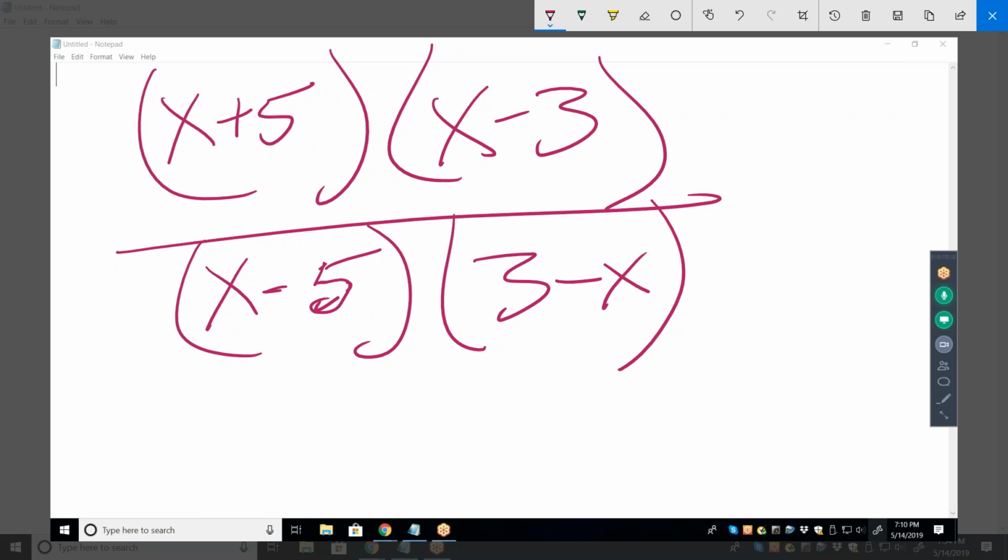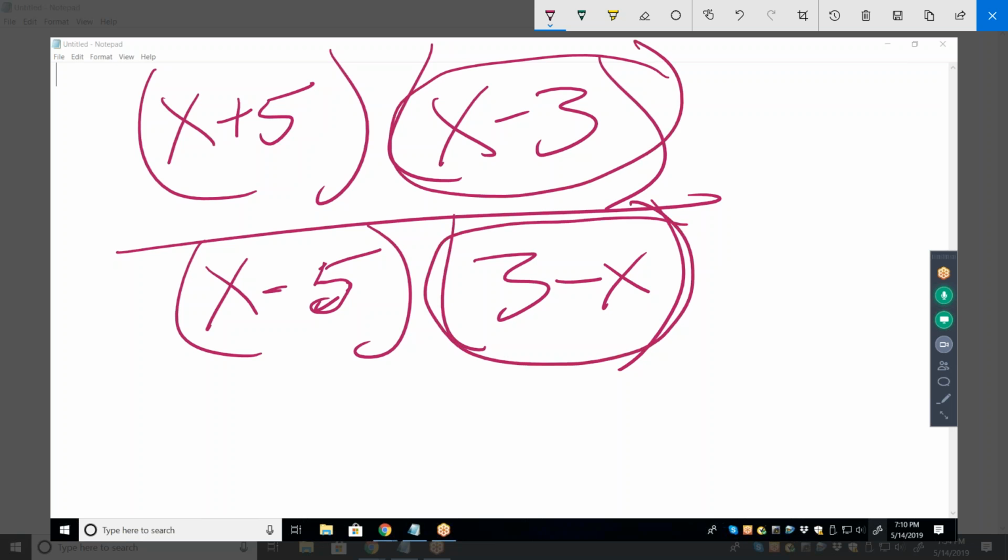No. Actually, you can. That's the one time where you can replace that with a minus 1. In other words, I can cross them out, but I've got to leave a minus 1, because x minus 3 over 3 minus x is minus 1.